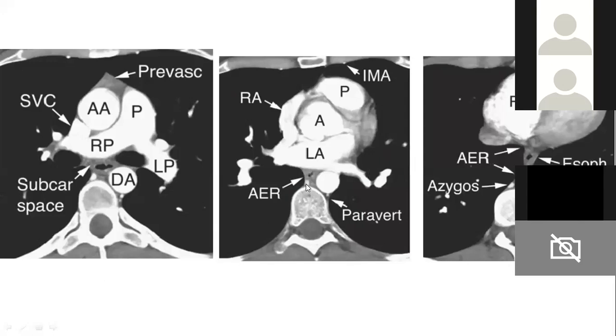This particular area is called the azygoesophageal recess. We can see this is the azygous vein and this is the esophagus, and this is what we call the azygoesophageal recess, because there is lung parenchyma which is going to delineate this margin on a chest X-ray. We'll discuss that in the next few slides.